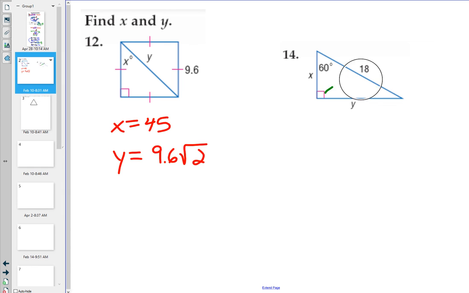So which side should we always find first if it's not already given to you? The short leg. Let's always go with the short leg first. Between X and Y, which one is the short leg? It is X.